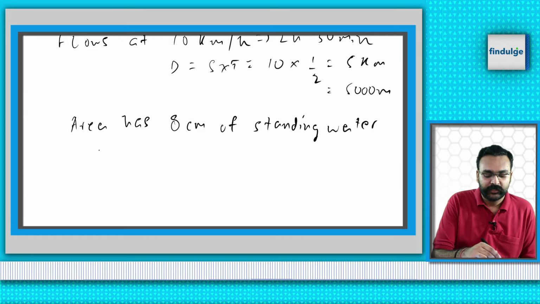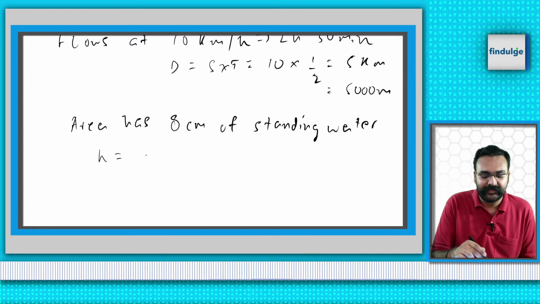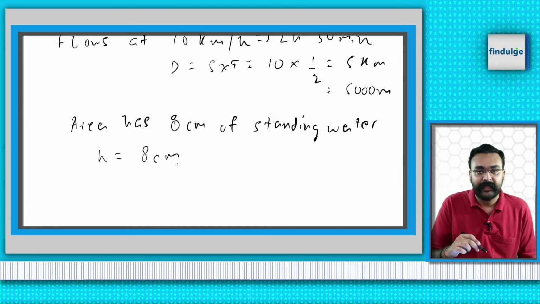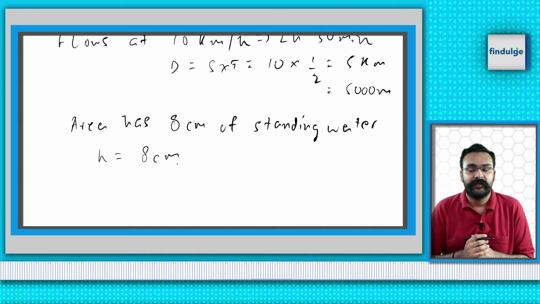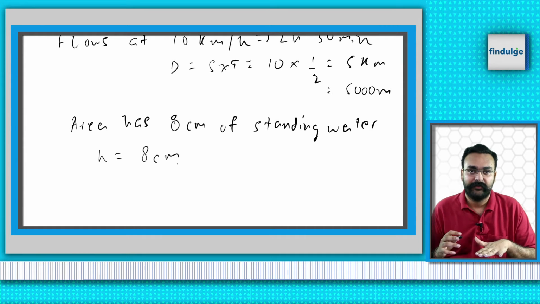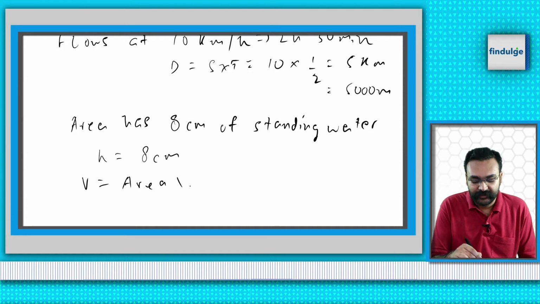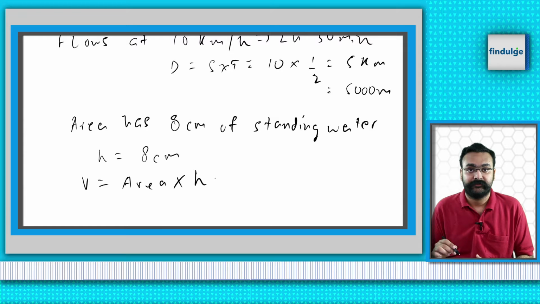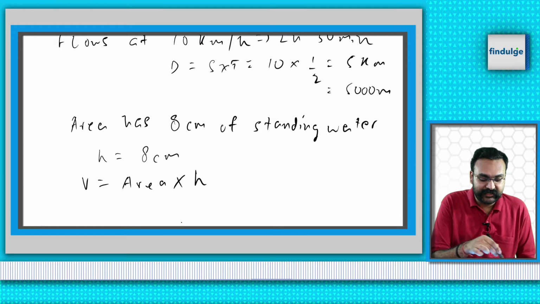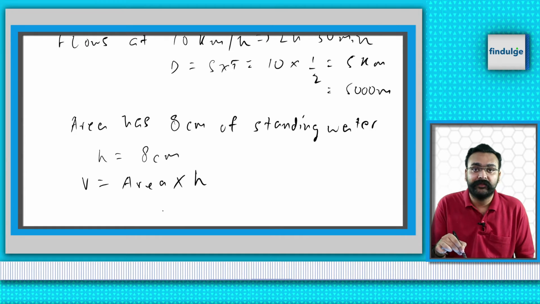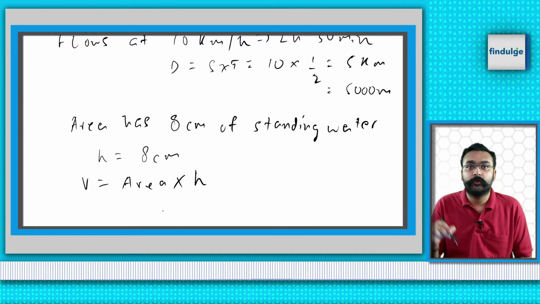In other words, the height of your irrigated area is 8 centimeters. If you have a figure that has a uniform area with a height, the volume will be equal to area into height. So this is the volume coming in the area. It will be equal to the volume from the canal.